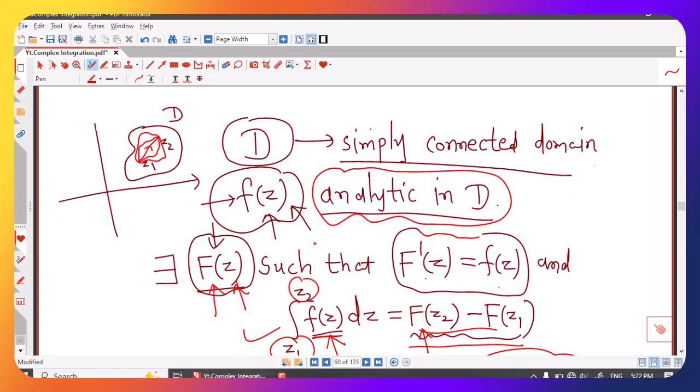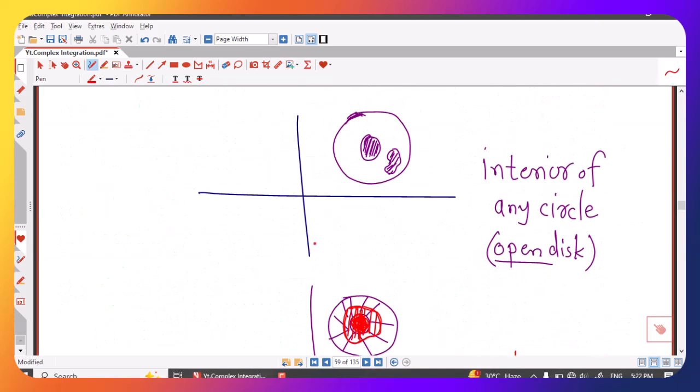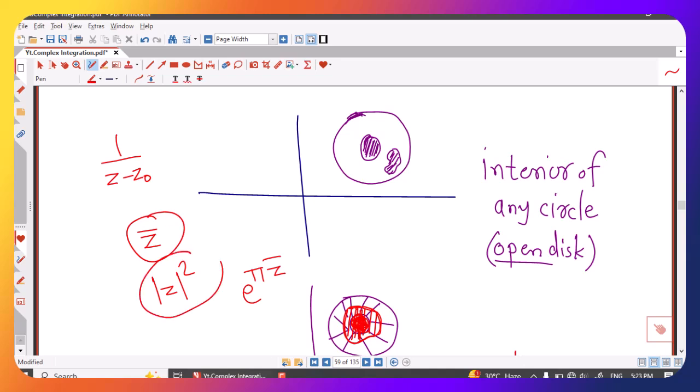So you have seen in earlier lectures that the functions which we have taken in the problems up to this lecture were z bar, mod z square, e to the power pi z bar, 1 over z minus z0. All these functions we have taken in earlier lectures, and we know that z bar is nowhere analytic, mod z square is also nowhere analytic, this is nowhere analytic, this is analytic at every point except z0.